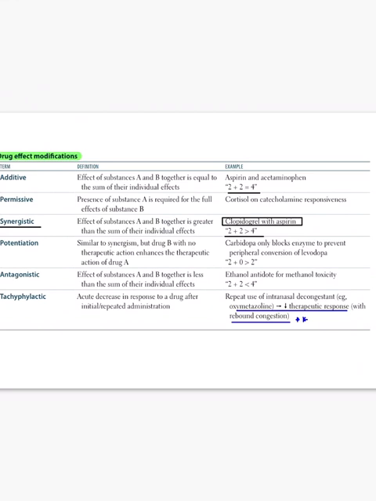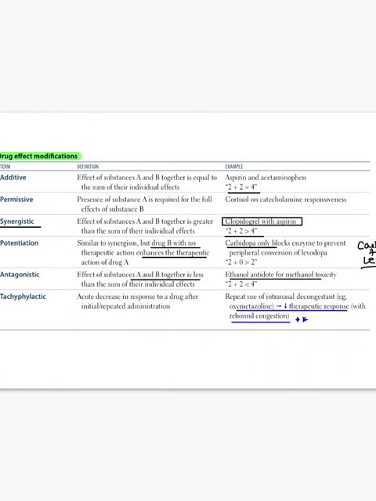Now potentiation is similar to synergism, but drug B with no therapeutic action enhances the therapeutic action of A. That is carbidopa. We put a combination of carbidopa plus levodopa. Carbidopa blocks the peripheral conversion of levodopa to dopamine, so there is increased availability in the CNS. That is potentiation.